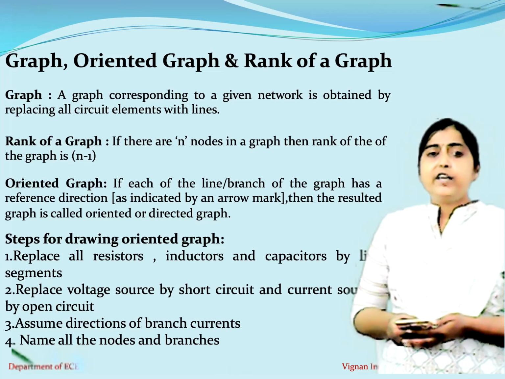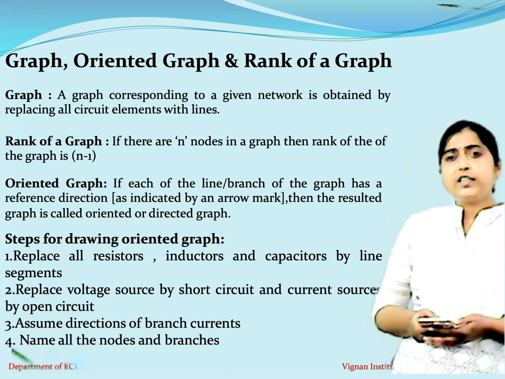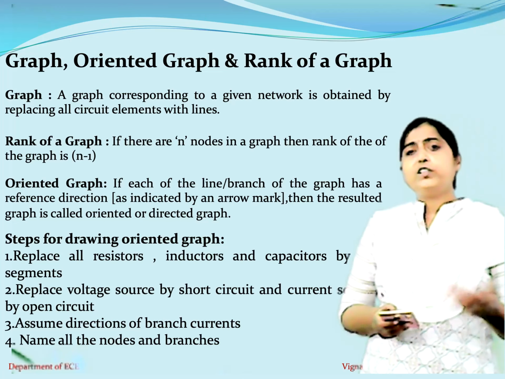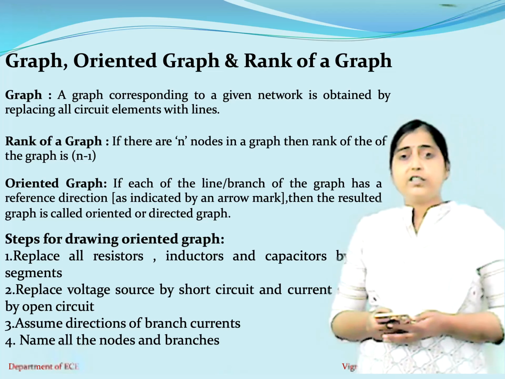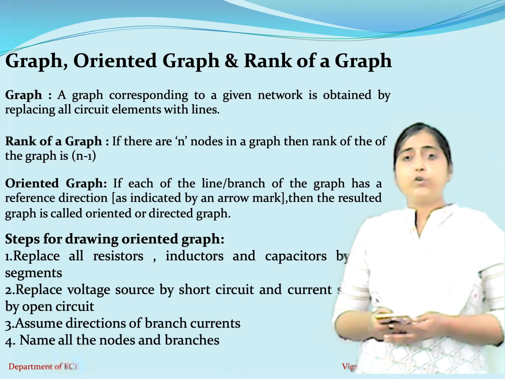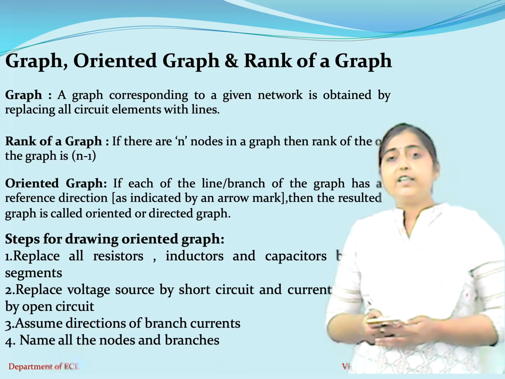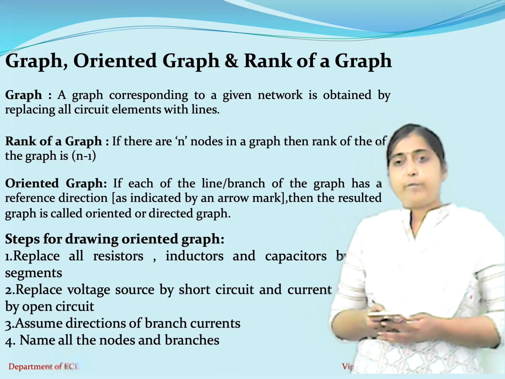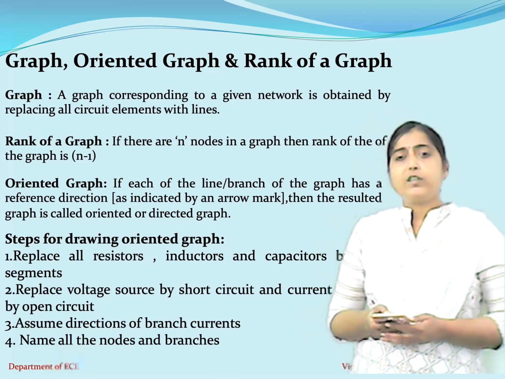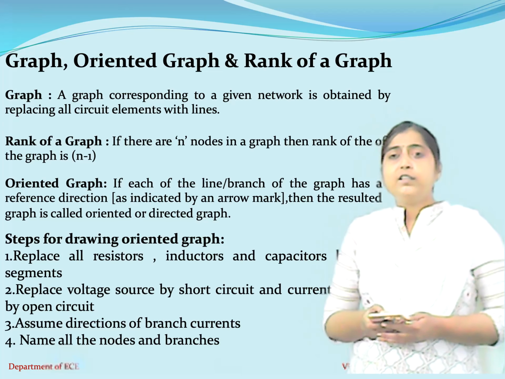Then coming to step 3. In step 3, we have to assume the direction of the branch current. You can assume any direction of the branch current depending upon the voltage source, or according to our own convenience. Then the fourth step to draw the oriented graph is to name all the nodes and branches. Normally we use a convention where all the nodes are named with alphabets and all the branches with numbers, or you can do it the opposite way: nodes with numbers and branches with alphabets.